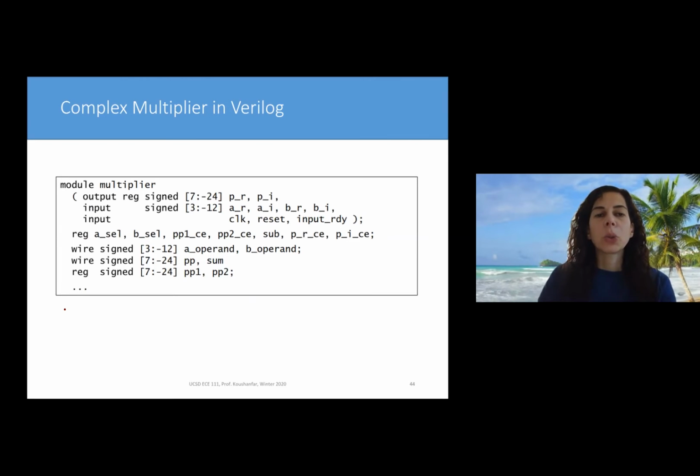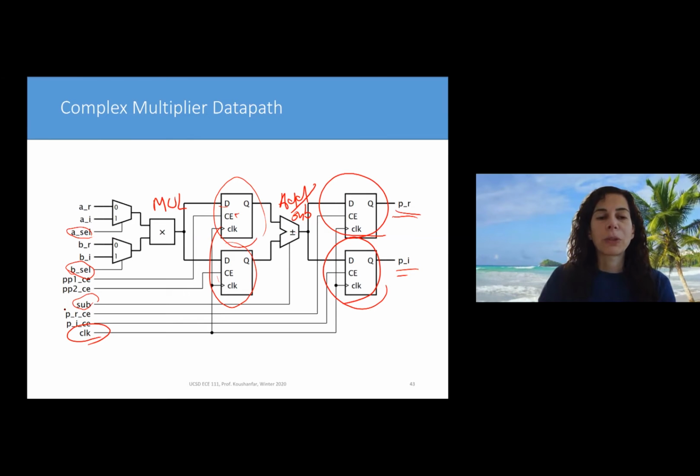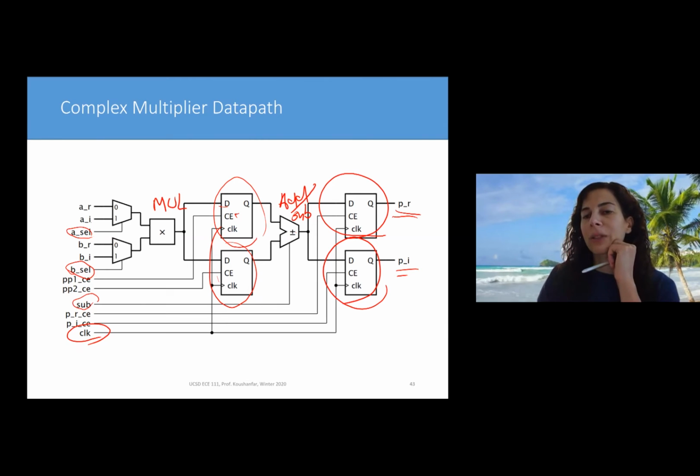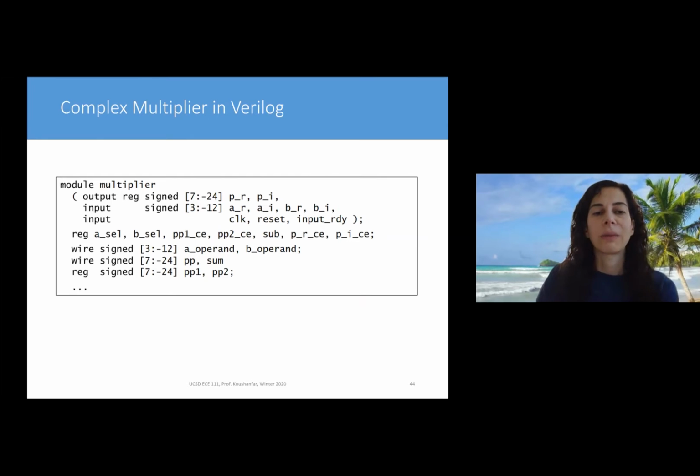Before I go through this complex multiplier, I could go ahead and talk about the module multiplier with respect to the input and output signals, because I have all these inputs here and these outputs here, and I have the clock and reset signal. So I could design that interface that I have standard for these.